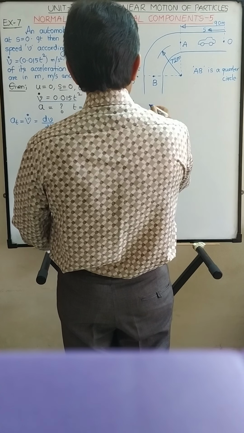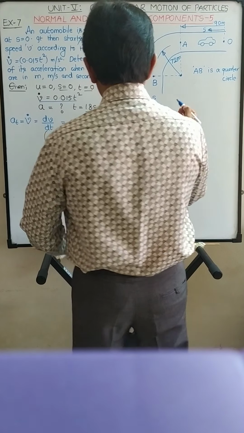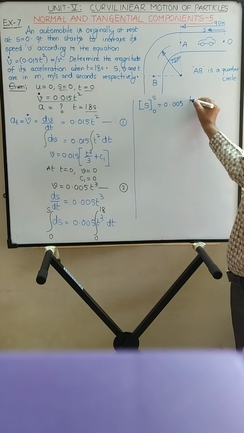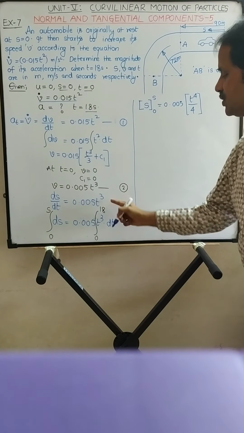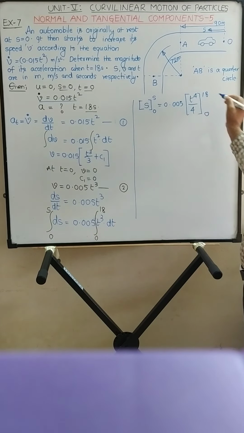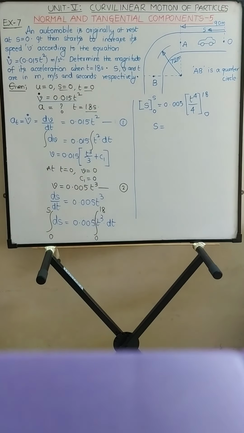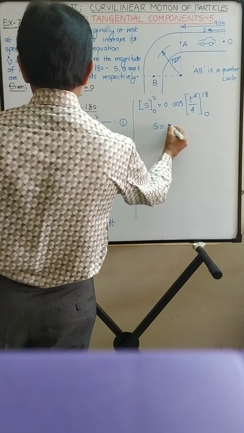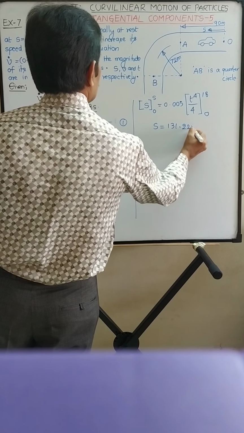So integrating this, we have s between the limits 0 to s is equal to 0.005 t raised to 4 by 4 between the limits 0 to 18. So solving this, you will get s is equal to 131.22 meters.